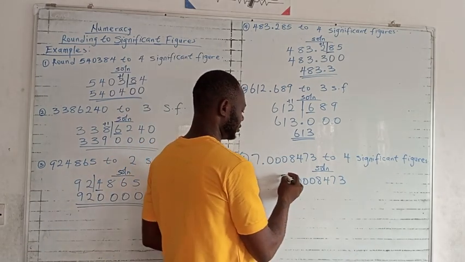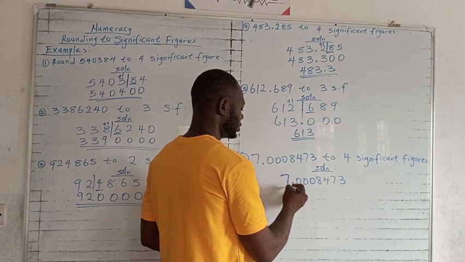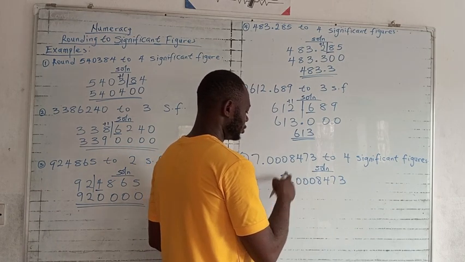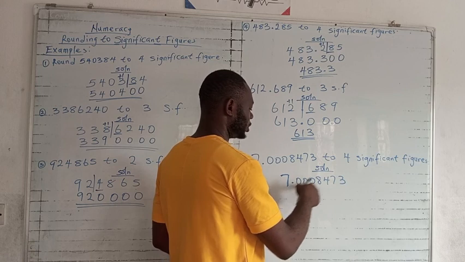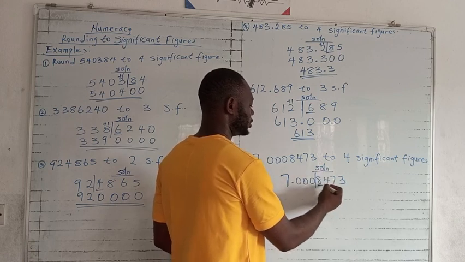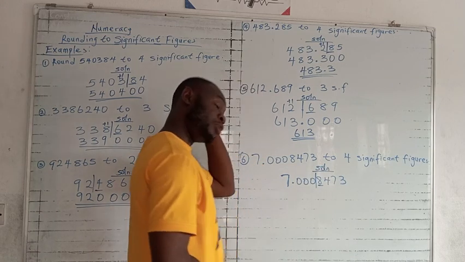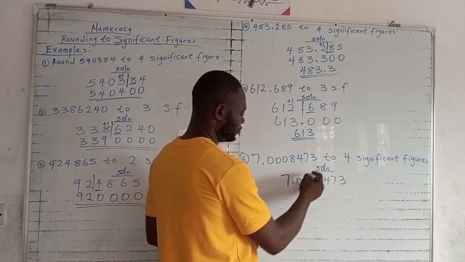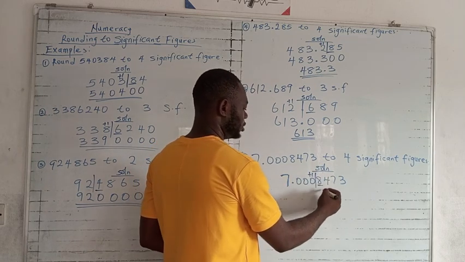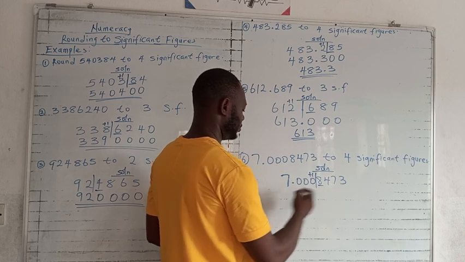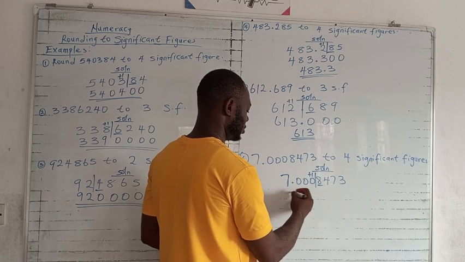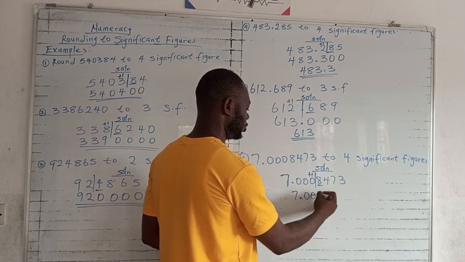So we start from 7 because 7 is a non-zero number. So we count 1, 2, 3, 4. We put our slash, we consider 8. Group A, group B, we add 1. Here becomes 0, which are not important. So our final answer now becomes 7.001.